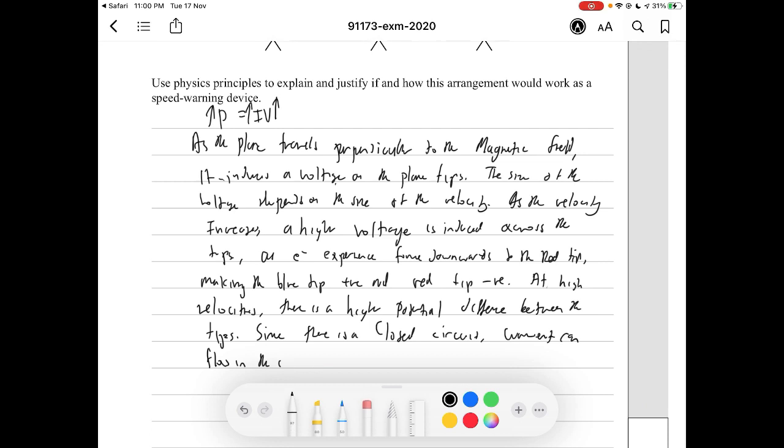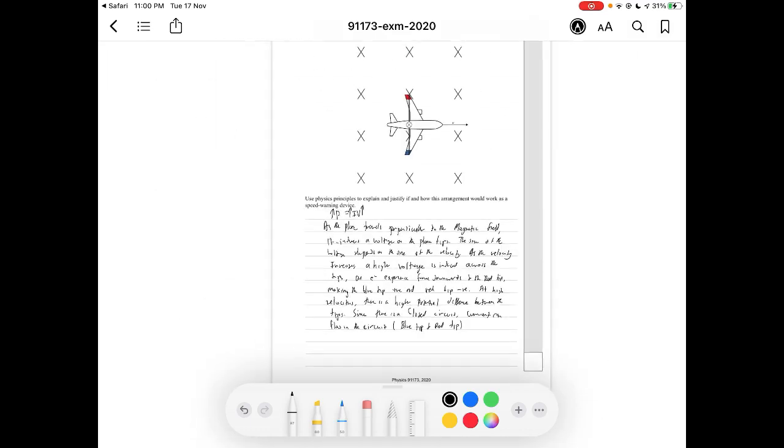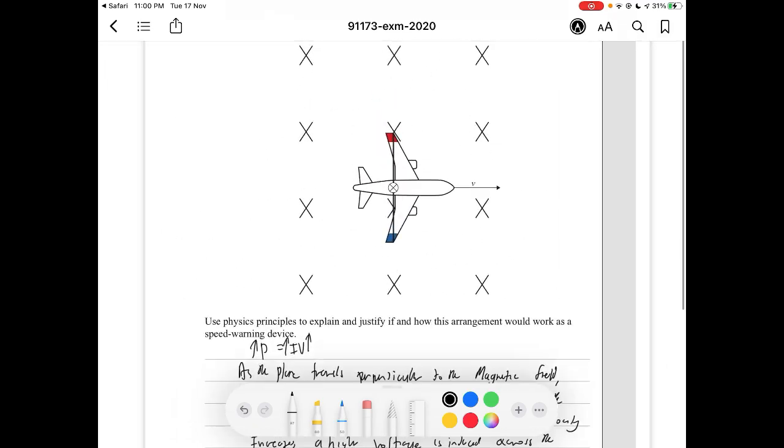And that is conventional current, which would be the blue tip to the red tip.